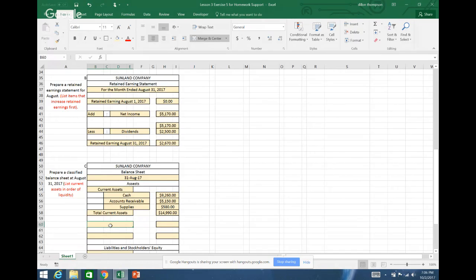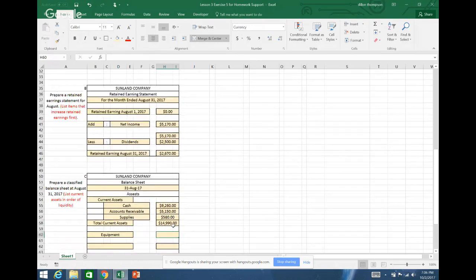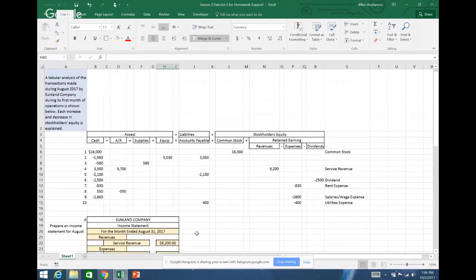Since it is still a classified balance sheet, one last account under our assets is property, plant, and equipment. And in this case, it is equipment for $5,030.